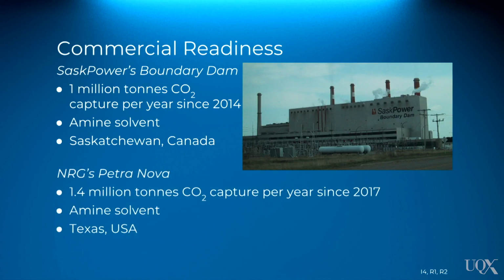The Petronova PCC project has been operating at 1.4 million tonne CO2 capture since 2017, using a different but similar amine solvent process to capture CO2 from a coal-fired power plant in Texas, USA. These are large-scale coal-fired power plants making a significant impact on CO2 emissions from large-scale power generation facilities and demonstrating the potential for emission reduction of this technology.